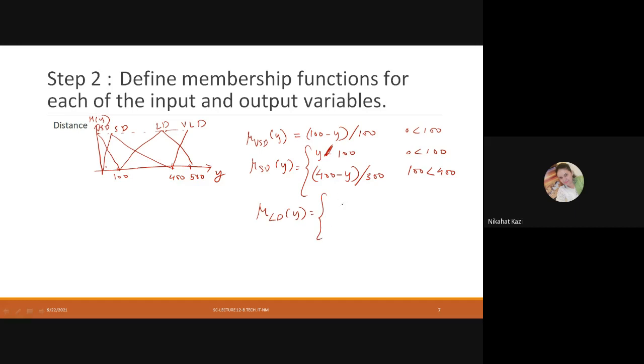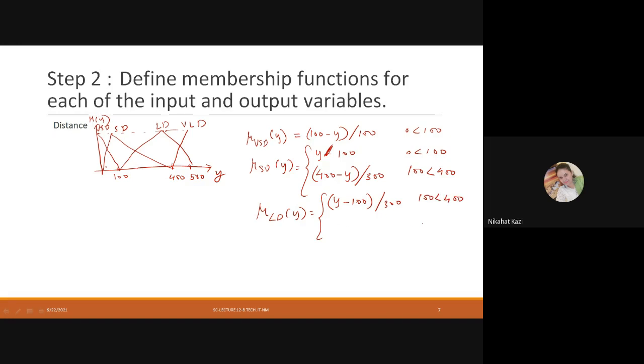One is y minus 100 divided by 300, an increasing function, range 100 to 400.